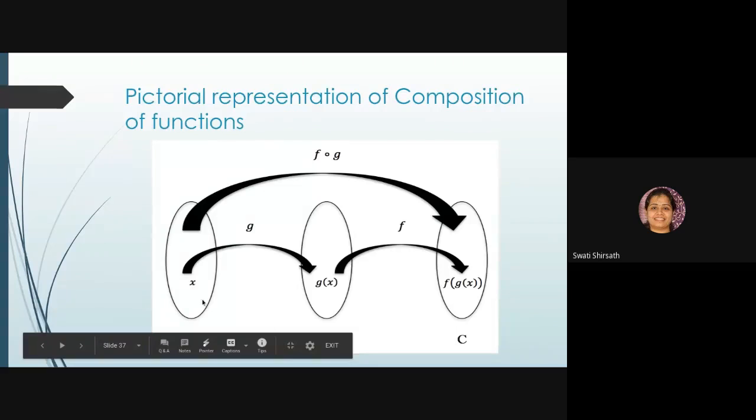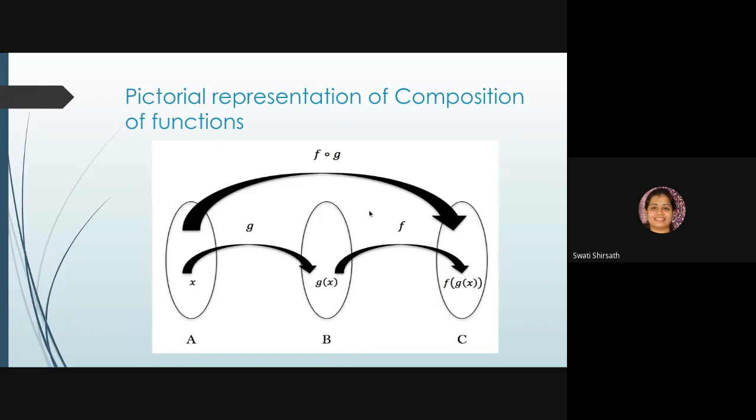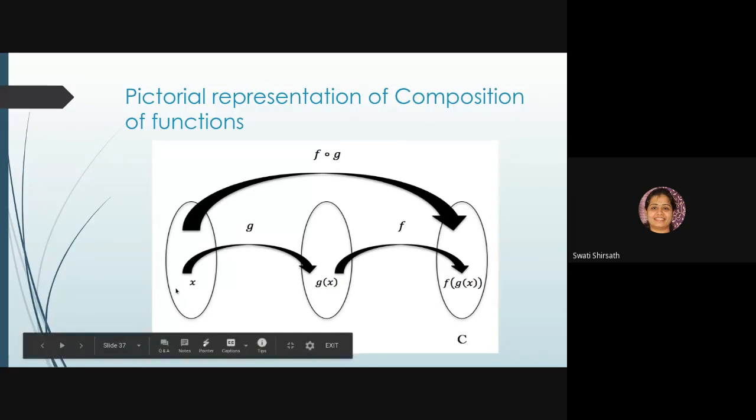Okay, suppose a to b is there and b to c is there, and this a to b is g and b to c is f. Now if you want to calculate f of g, I have already told you it will not be starting from f, it will be starting from g. So it will be from g to this thing. So what you will do, you will check for the mapping of, suppose here 1 2 3 is given, here a b c is given and here x y z is given.